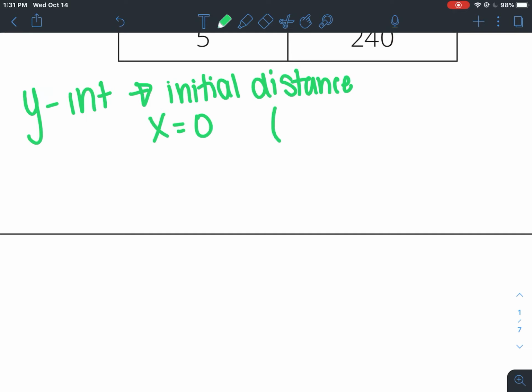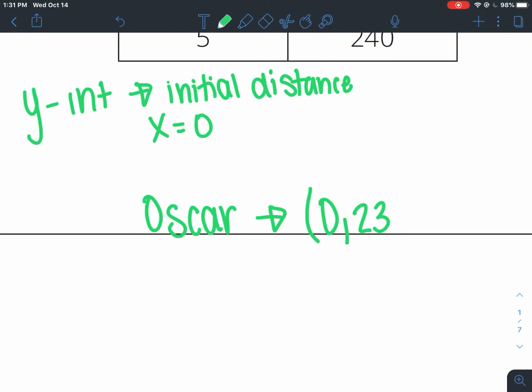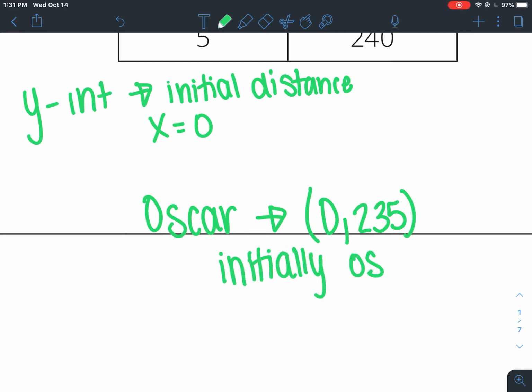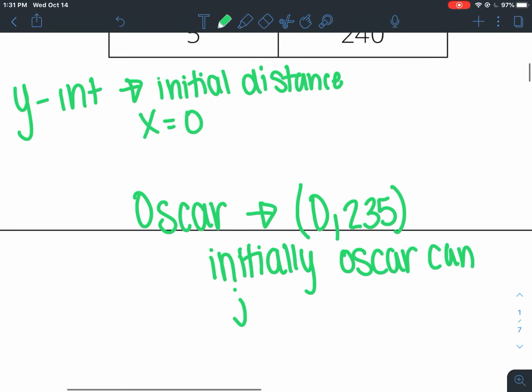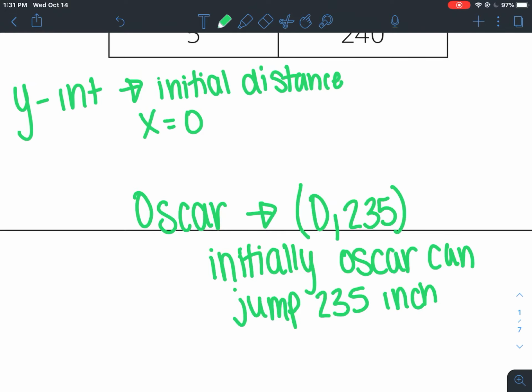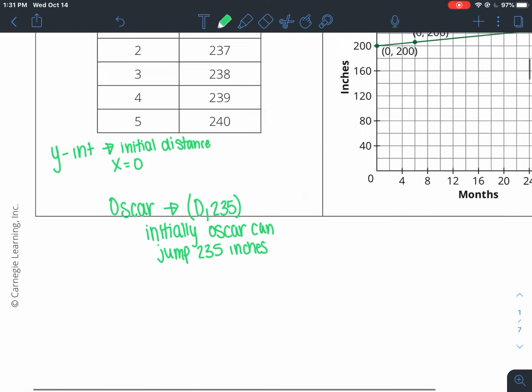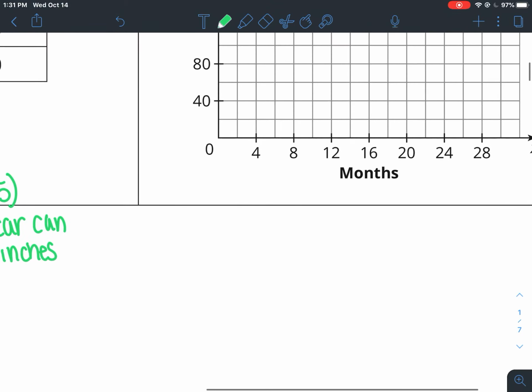So for Oscar, we have 0, 235. So initially, Oscar can jump 235 inches.